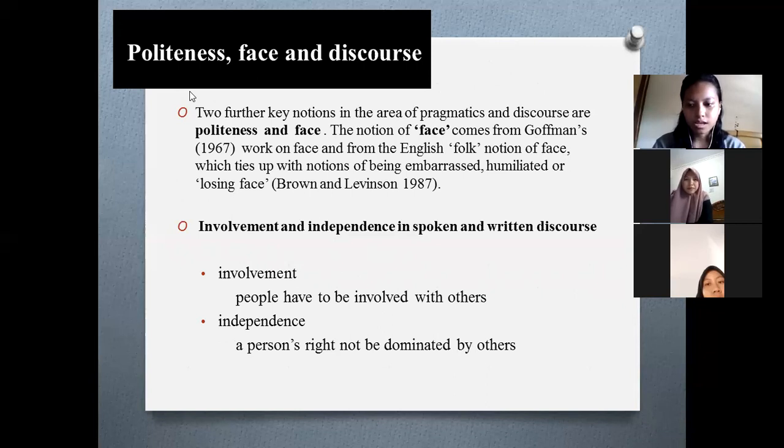So as we can see on the screen, the key notions in the area of pragmatics and discourse are politeness and face. The notion of face comes from Goffman's 1967 work on face, and from the English folk notion of face, which ties up with the notion of being embarrassed, humiliated, or losing face.